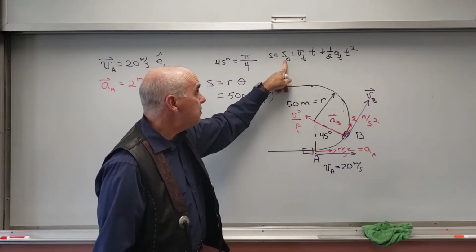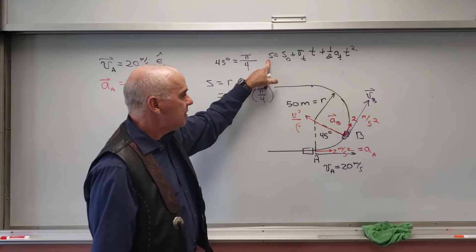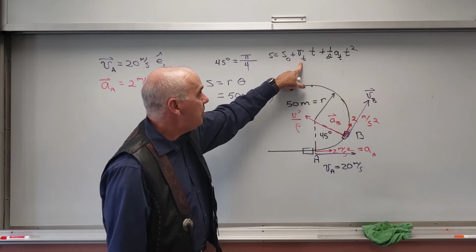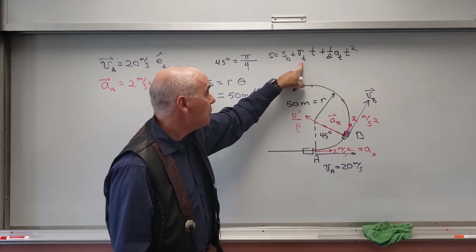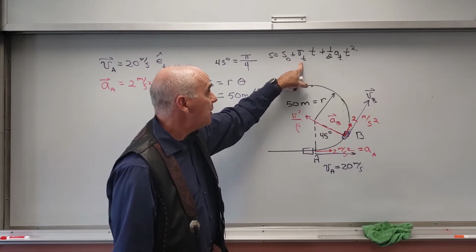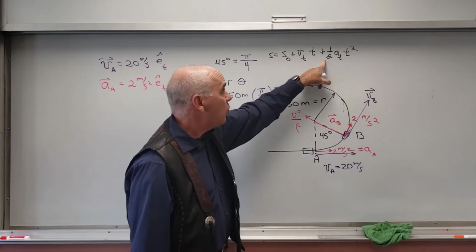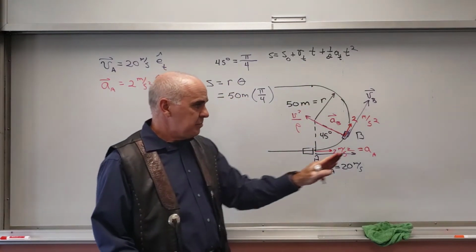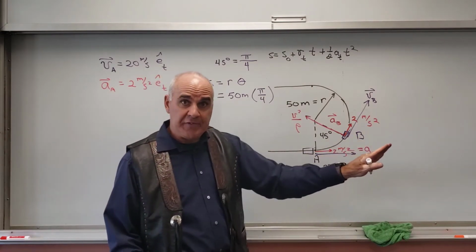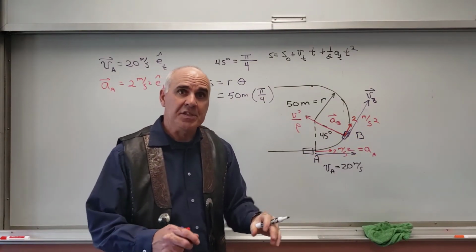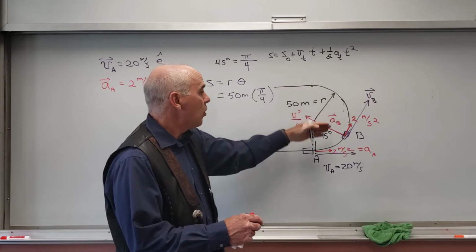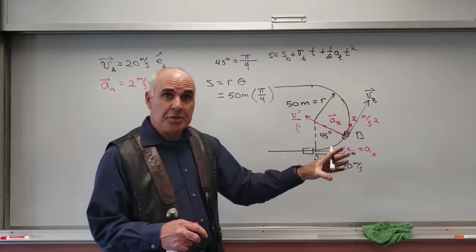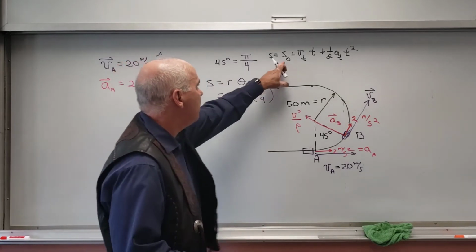So I get some distance, I don't know, but I'm going to find that in just a second, equals 20 meters per second, that's the initial tangential velocity, plus 1/2 the tangential acceleration times t squared. Because this is being affected fast and slow, it's being affected only by the tangential acceleration, right? The normal acceleration doesn't affect the one-dimensional motion along the curve. Okay, so s naught is equal to 0.